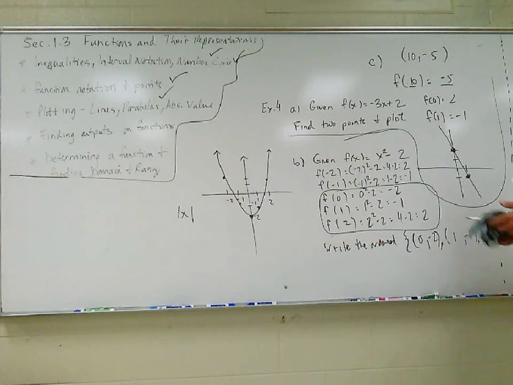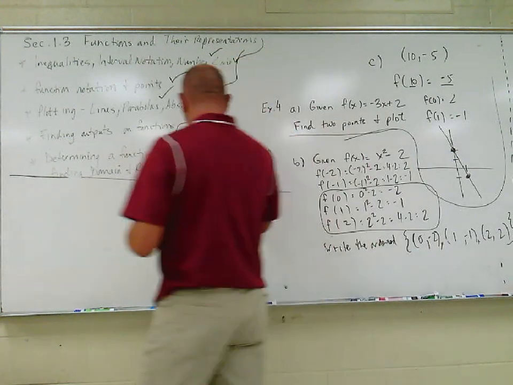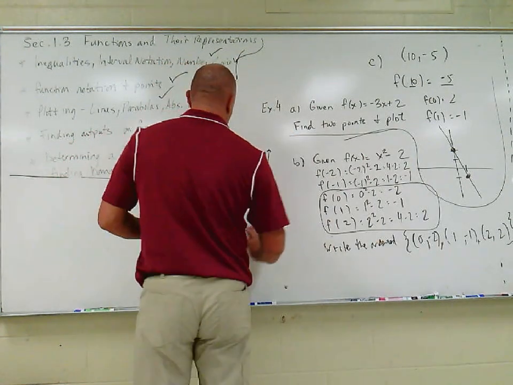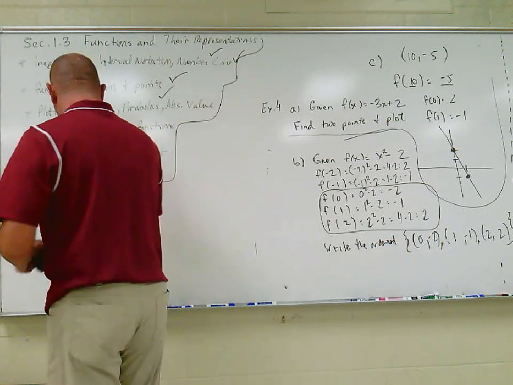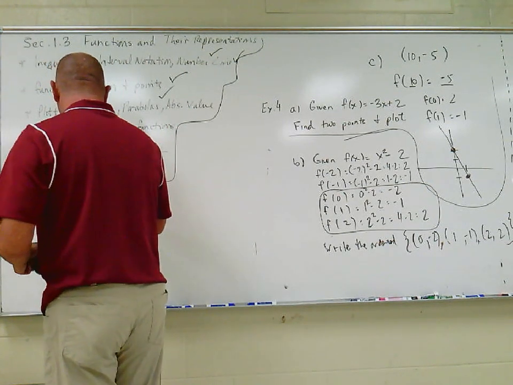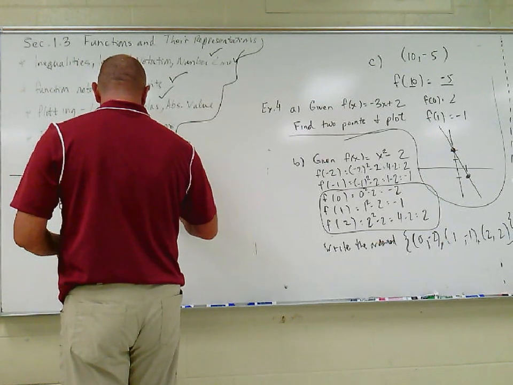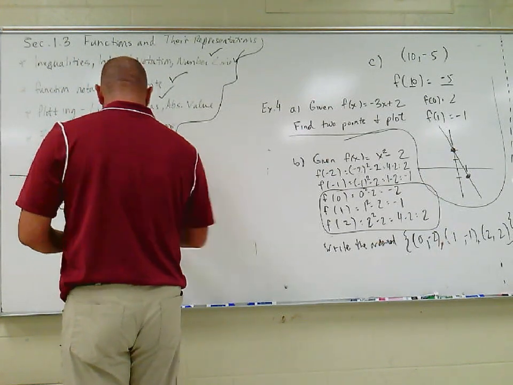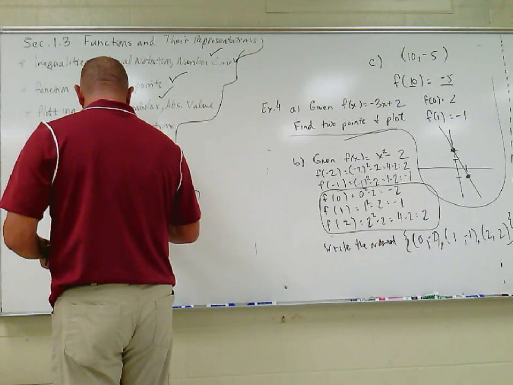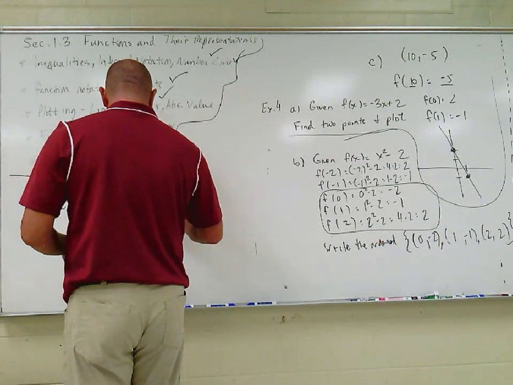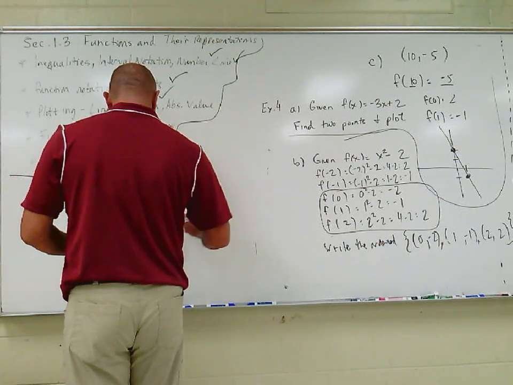So I'm gonna give you a little bit more of a complicated function and I want you to find the outputs, okay? So I'll give you a couple here. So we'll just say example 5, part A, f of x is 2x squared minus 5x plus 7. Find f of 0, f of 2.